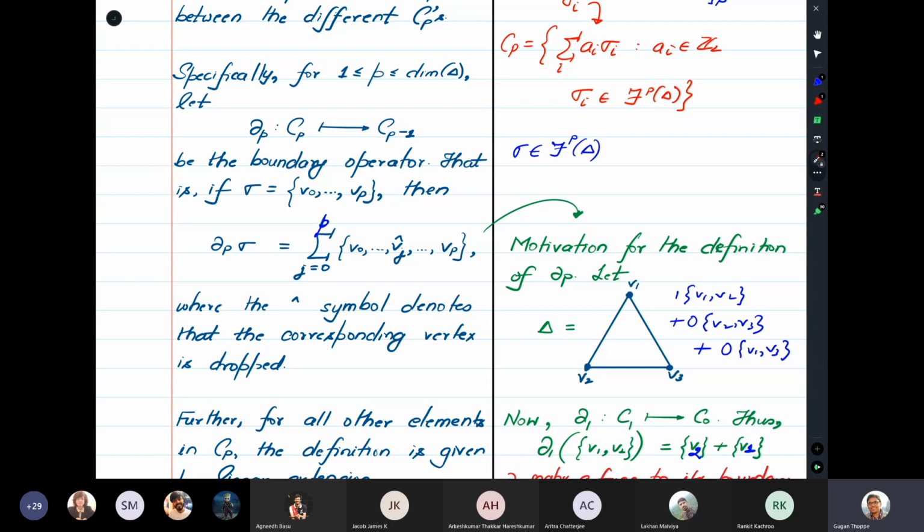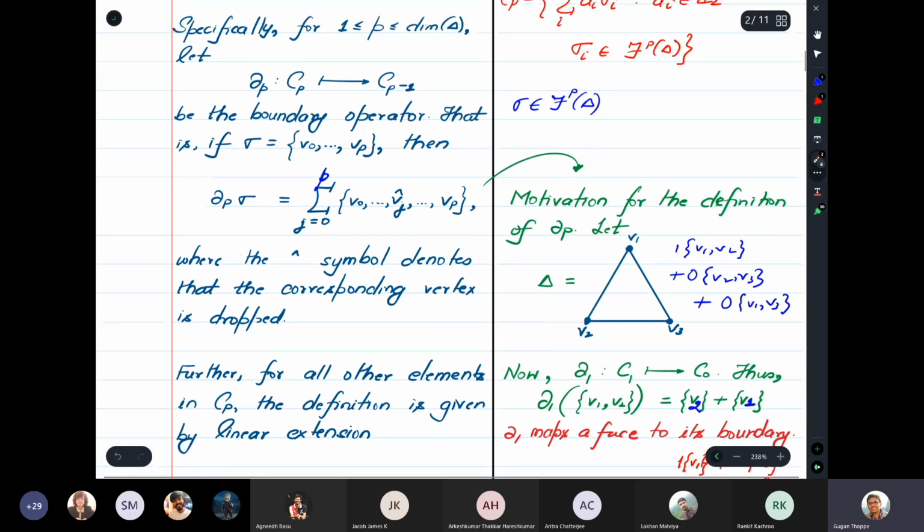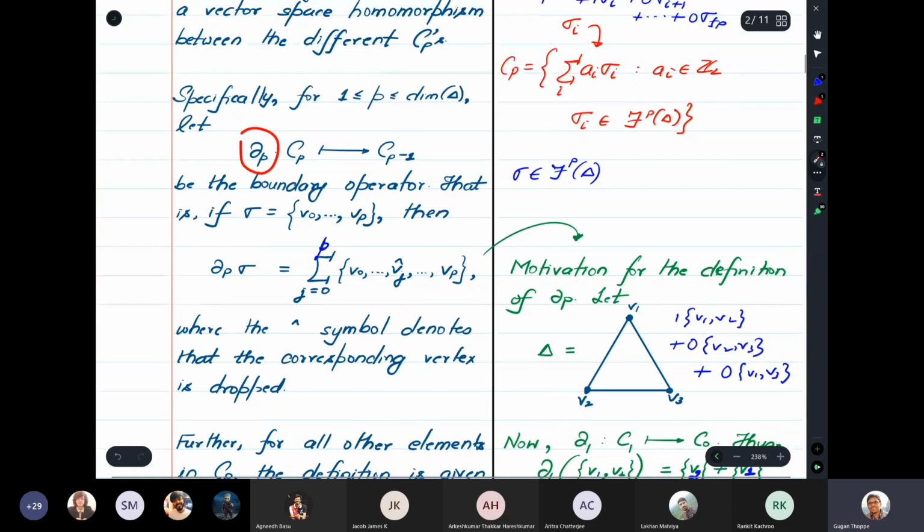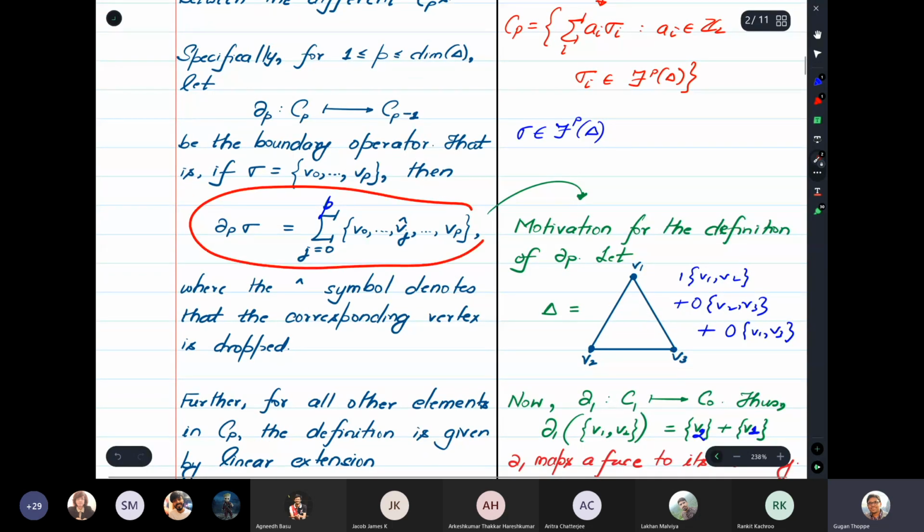All right. Okay, so now let's advance. As you saw, to begin with, we wanted to define this daba p from cp to cp minus 1, and as most of you must have realized, this is not a complete definition. This is not a complete definition because I have defined this daba p operator only over special p chains, right?